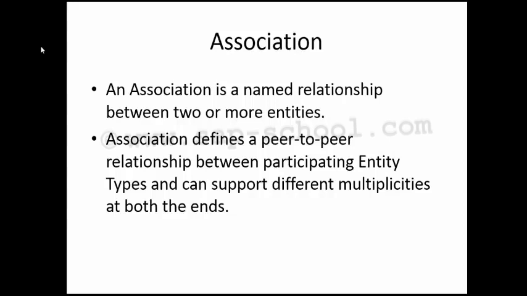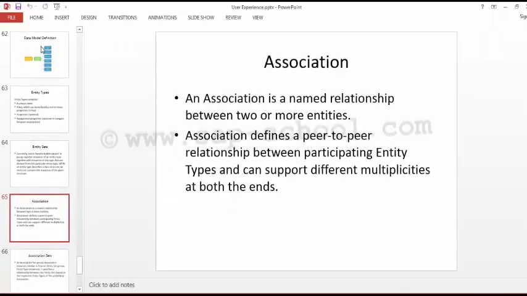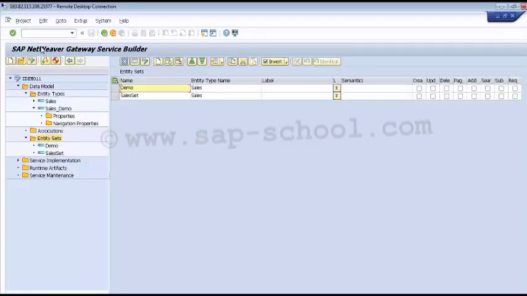So my service builder provides the facility to create and edit the associations. Let's see how we can create the associations in my service builder. I can create the association in two ways. Either we can use the association wizard to quickly define the data model, that is the association sets, referential constraints, or the navigation properties.